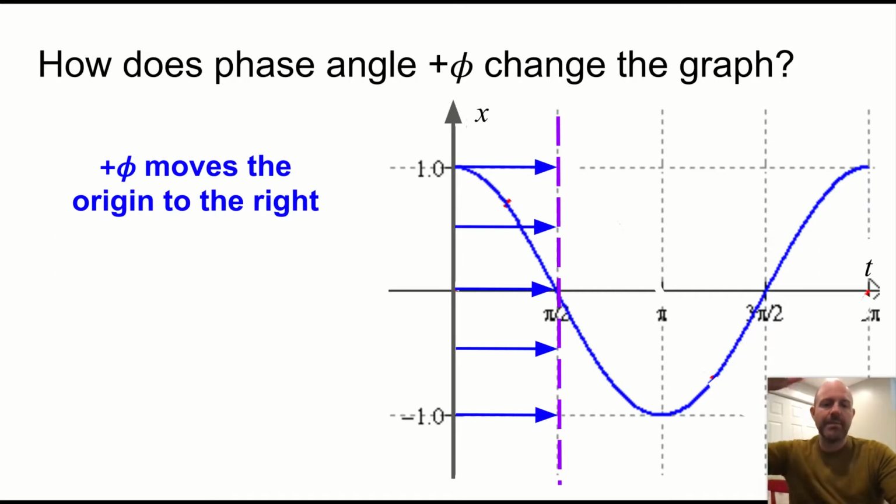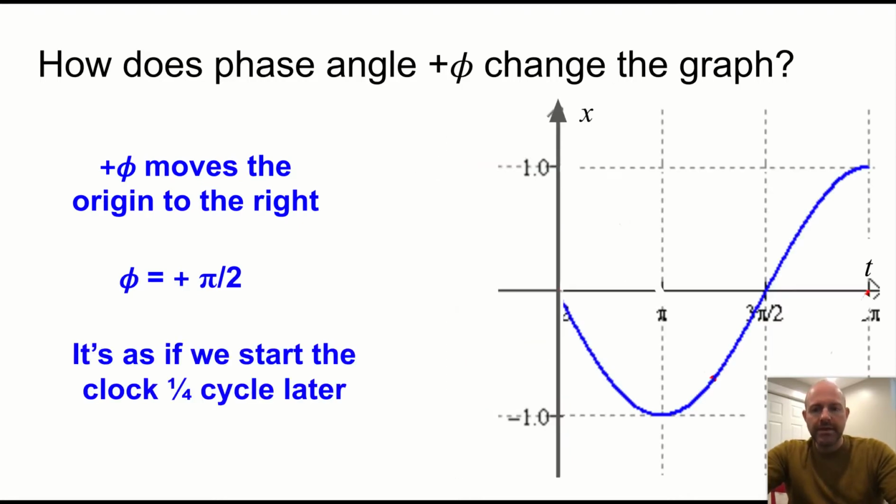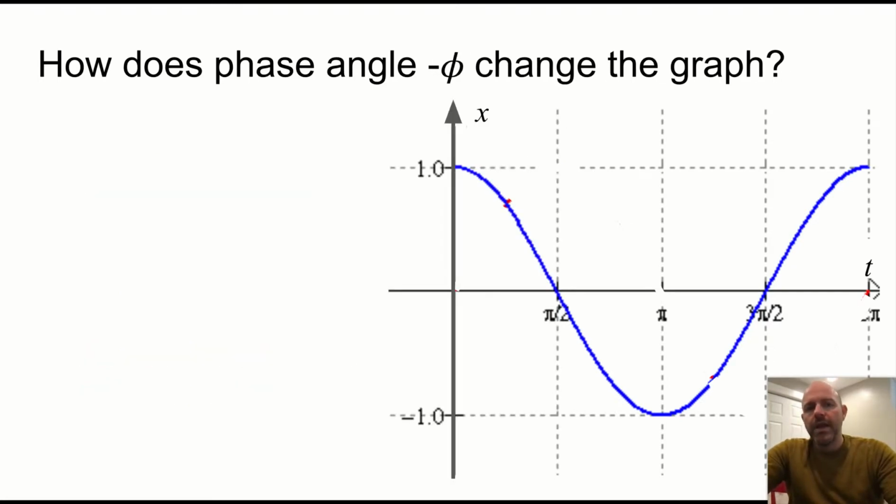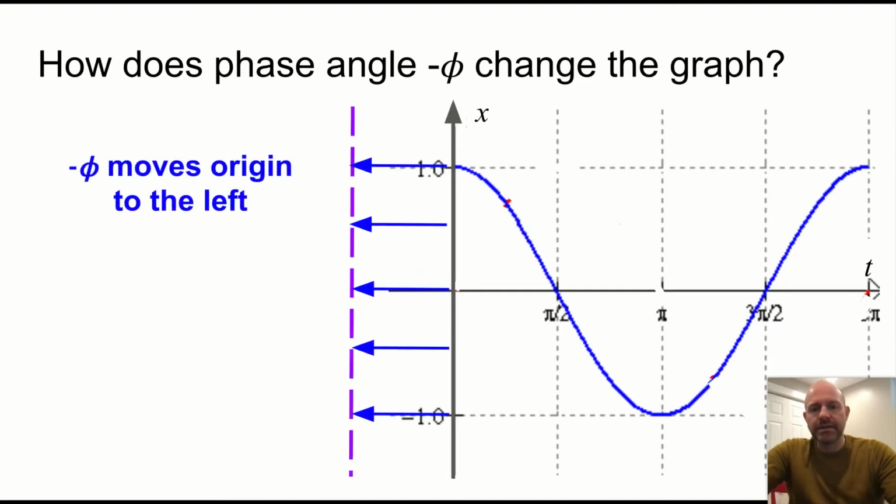So instead of starting up at maximum displacement, maybe we start at 0 displacement. This is a phase angle of pi over 2, because pi is half the period and 2 pi is the full cycle, and that's a quarter cycle. All right, so it would look something like this. It's as if we started timing a quarter cycle later. If you have a negative phase angle or negative phi, the origin moves to the left.